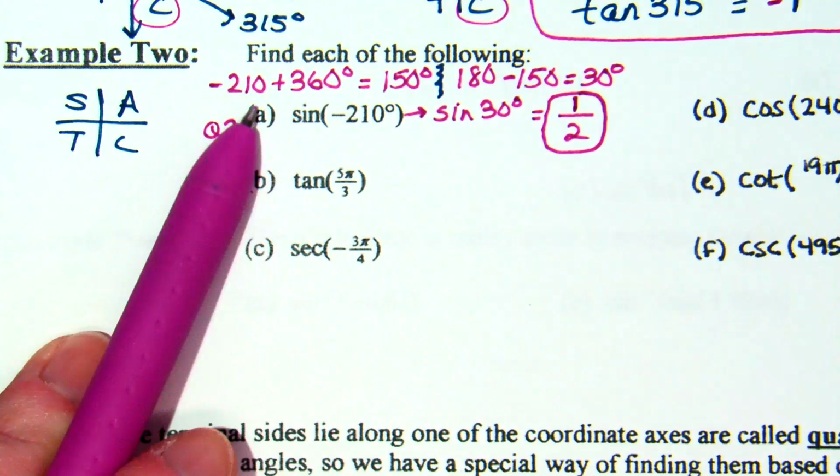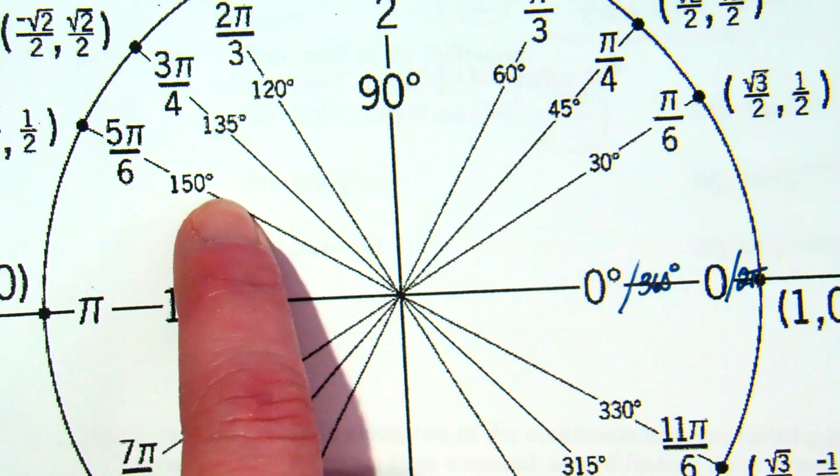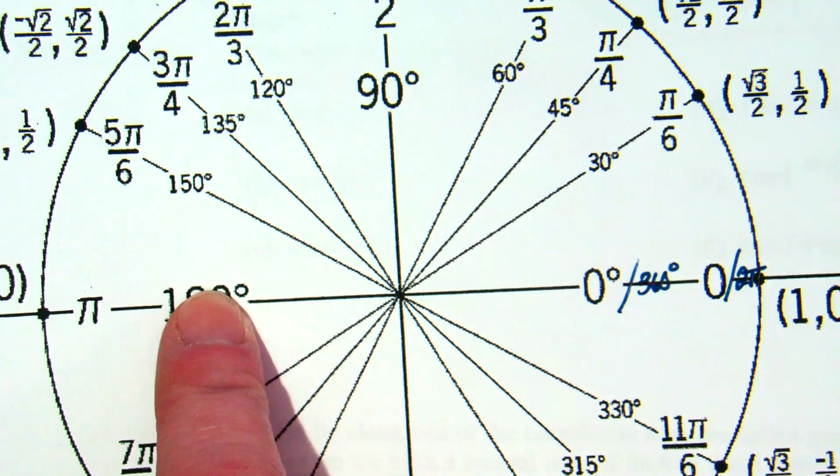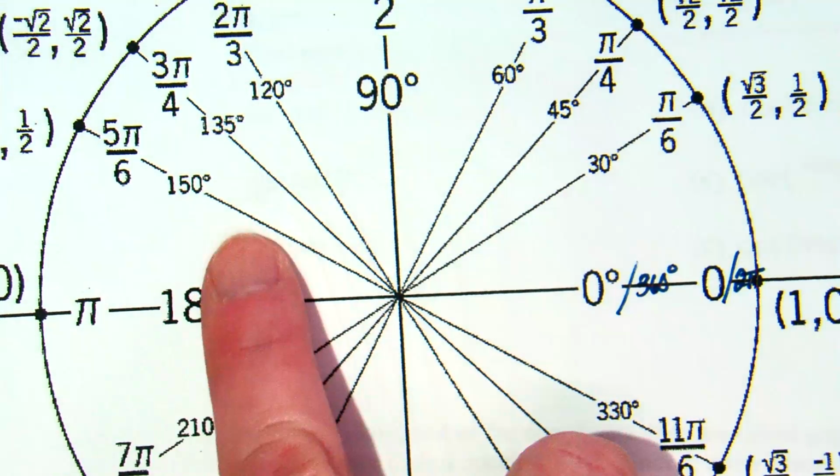Well, after we found this 30, so step 1 was we found that this negative 210, remember I showed you on here that negative 210 ended up taking me, here's negative 180, it would take me up here. How far is that from the x-axis? It was 30 degrees from the x-axis.